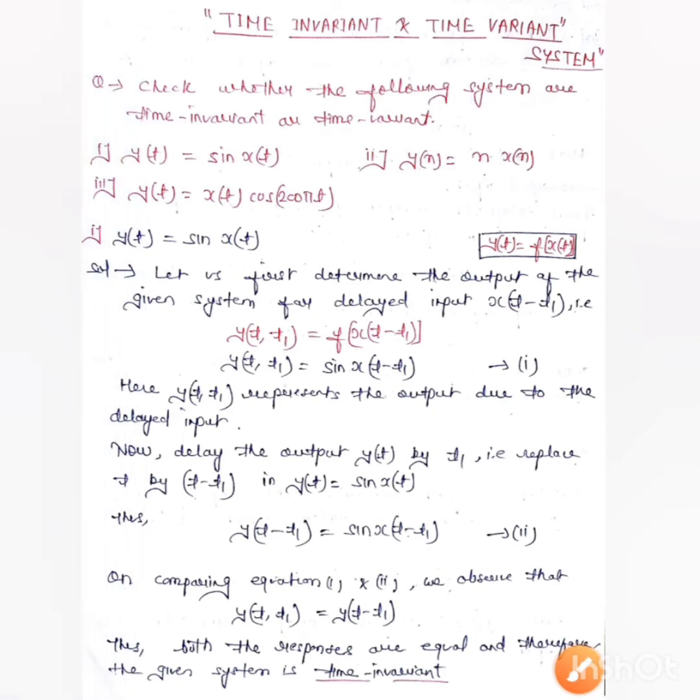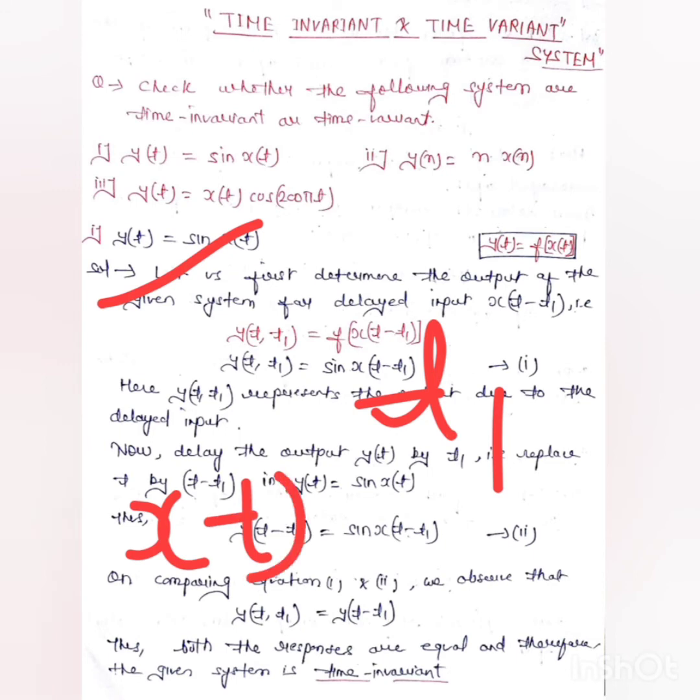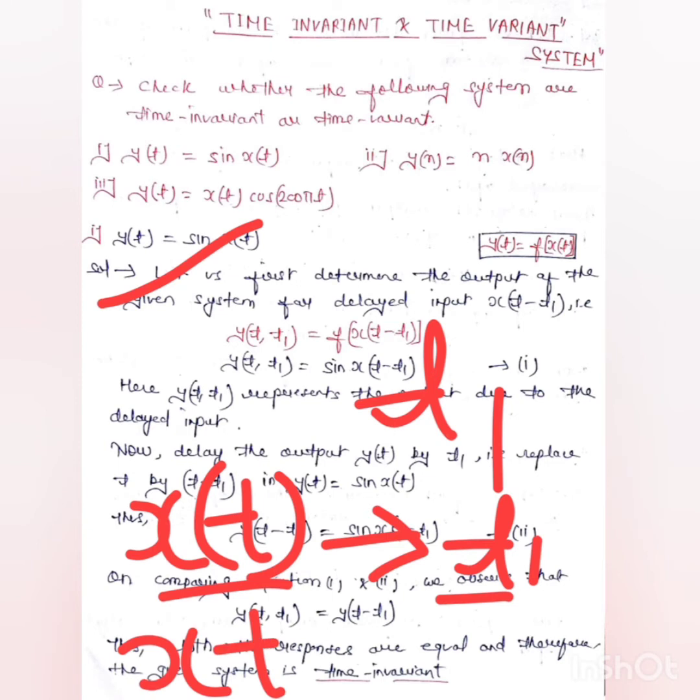First, we have to determine our output expression of the system for delayed input. That means we have to delay our input by the value t1. Here we have input x(t). Now what we have to do in first case, we have to delay our input by t1. So by delaying our input by t1, we have the expression like x of t minus t1.